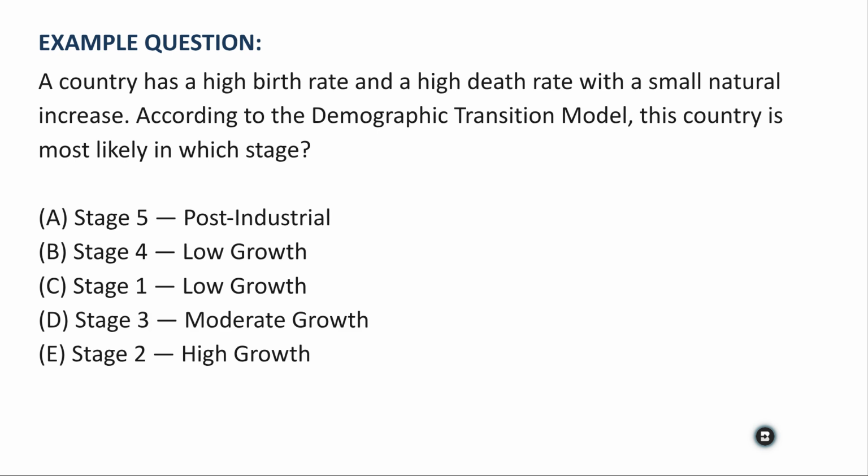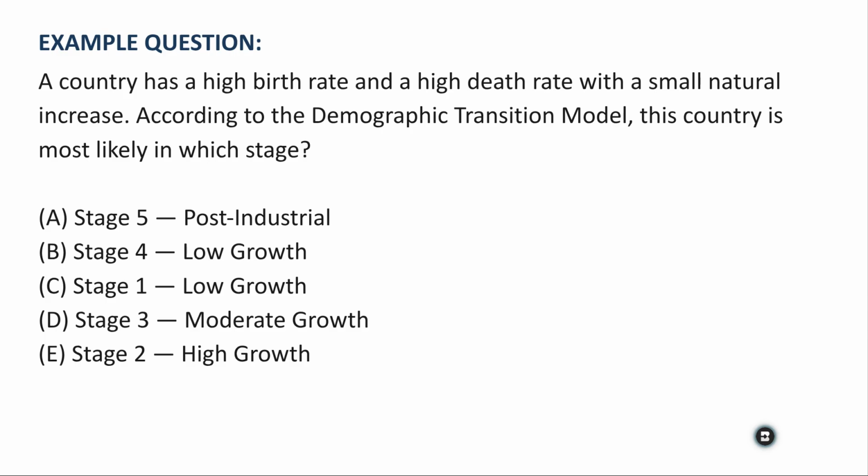However, in this particular instance, in the DTM, stage 1 tends to be characterized by both high birth rates and high death rates. Because both are high, the population doesn't tend to grow very much. So, in turn, the natural increase is small. That already sounds pretty darn promising.